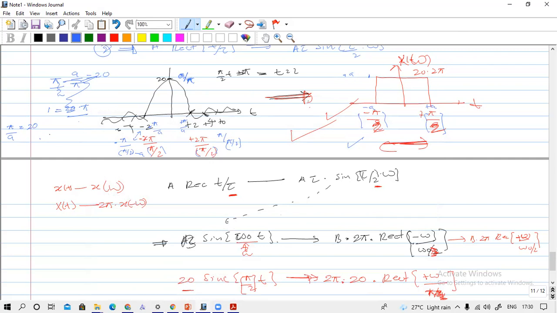That means you should divide it by A5. So we have 20, and we have A as 5 by 2.